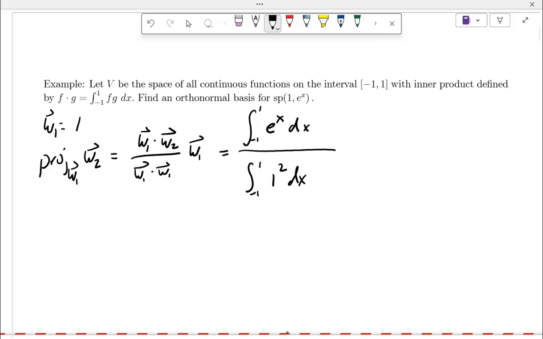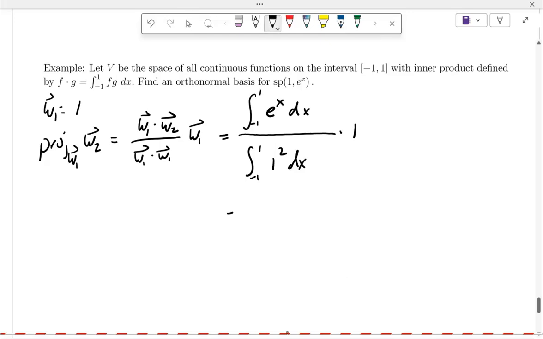What are we going to multiply it by? 1, because that is the W1, right? On the bottom, you get 2, right? The constant function you're integrating over an interval of length 2.